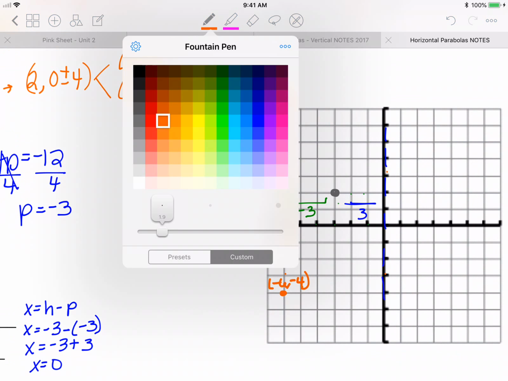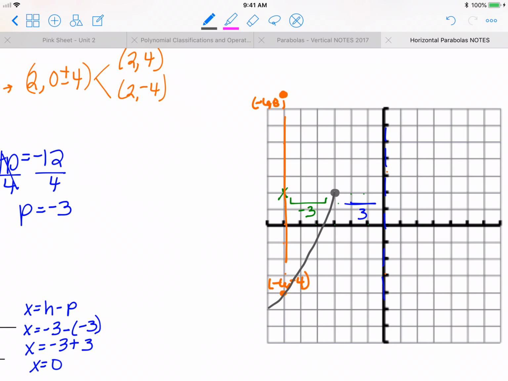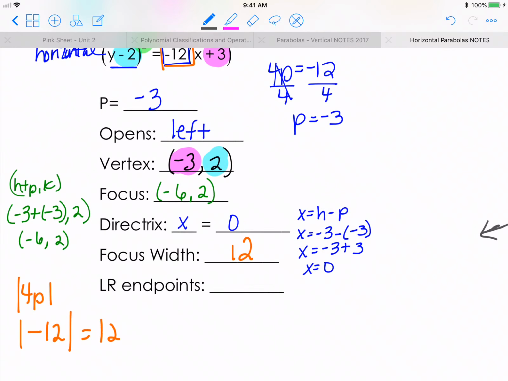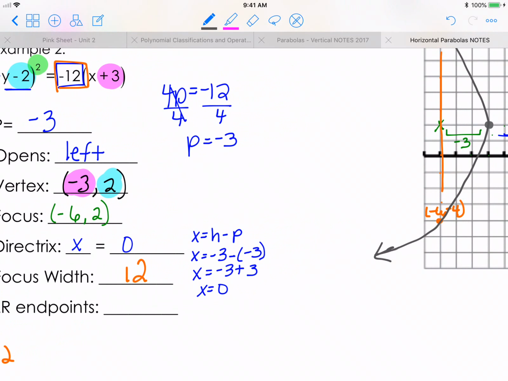We're going to connect those dots, and then we have our parabola drawn. Okay, so your LR endpoints are -6, -4, and -6, 8.